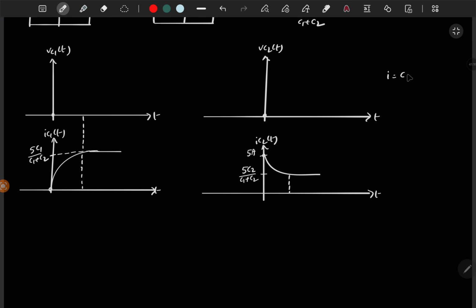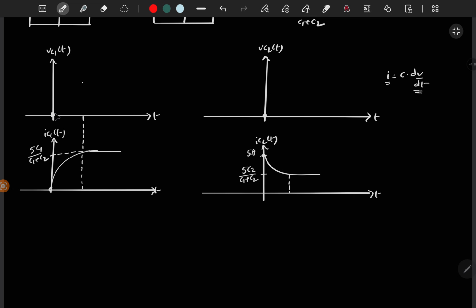So I is equal to C dV by dt. Depending on the current magnitude, how the capacitor will charge is determined. So here the current is 0, so the voltage is 0, and the current magnitude is increasing right here, but here the current magnitude is decreasing. So let's analyze this one. Since the current magnitude is increasing, the rate of change of voltage should increase, which means initially the slope should be lower, and when it goes to here, the slope should be higher.